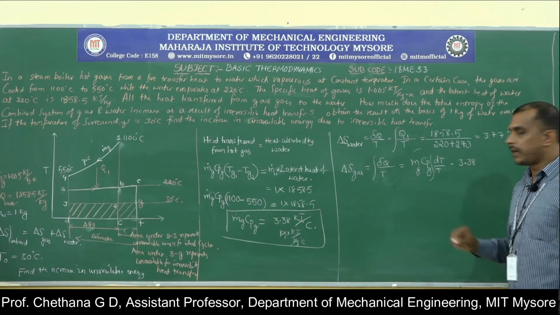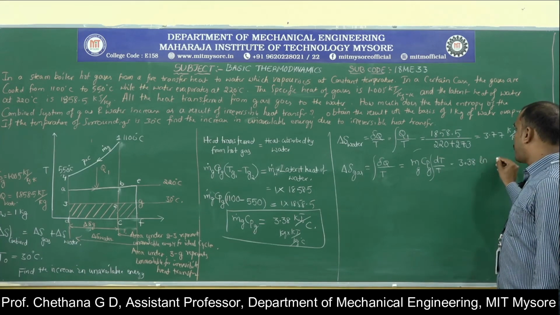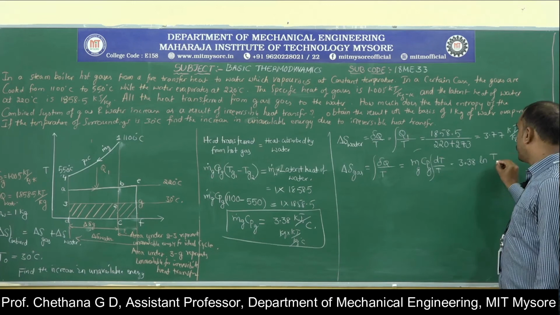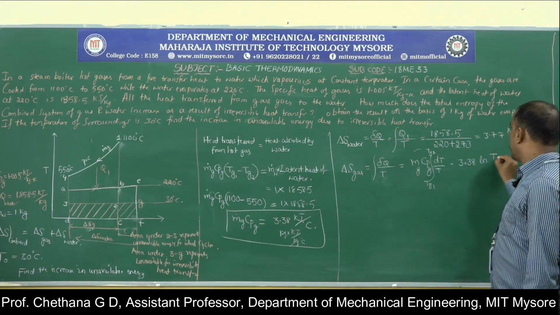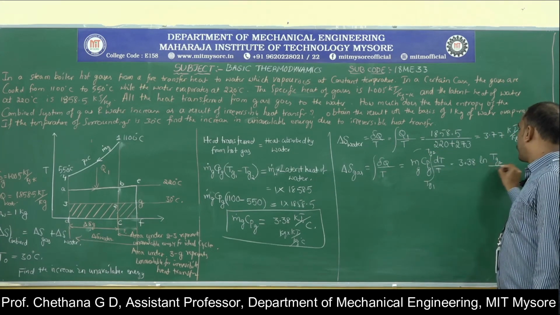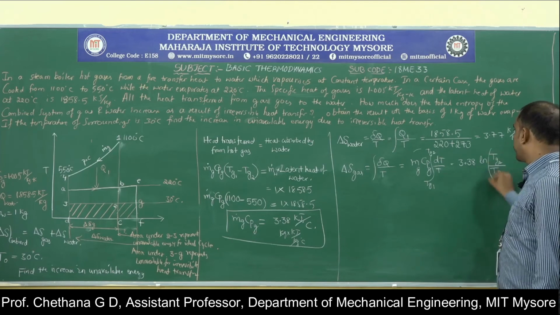Now integration of dT by T gives ln, integrated between Tg1 and Tg2, or you get finally this one.